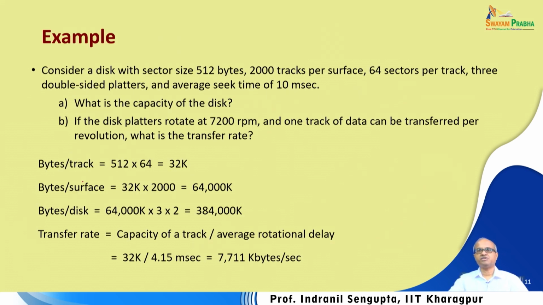Let us work out a small example to indicate how much will be the transfer rate. Let us consider a disk with some parameters. We assume that every sector can hold 512 bytes, that means our sector size is 512 bytes.